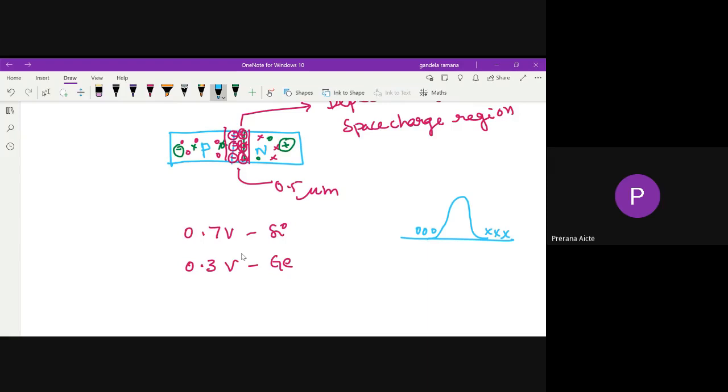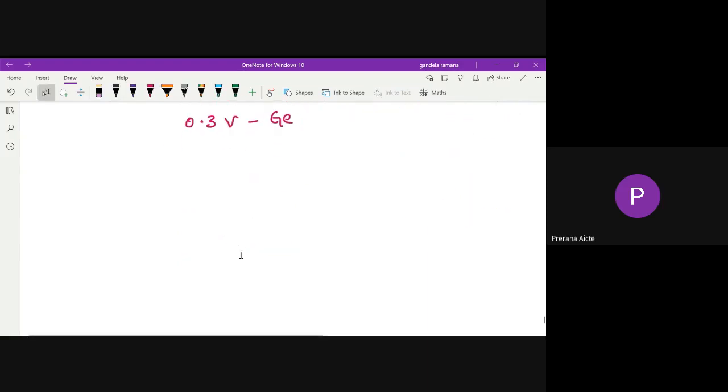It will not allow the flow of holes to electrons and electrons to holes. The built-in potential VBI is equal to VT natural logarithm of Nd Na by Ni squared, where Nd is donor concentration, Na is acceptor concentration, and Ni is intrinsic concentration.